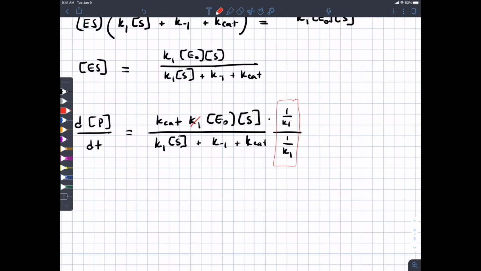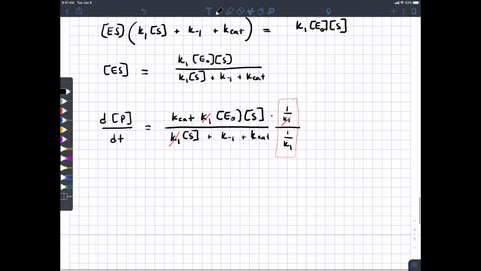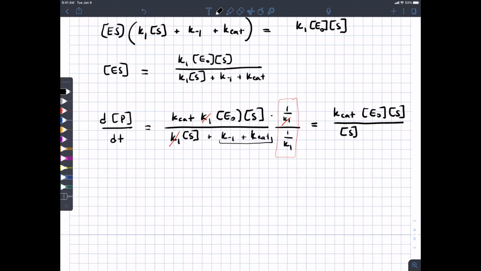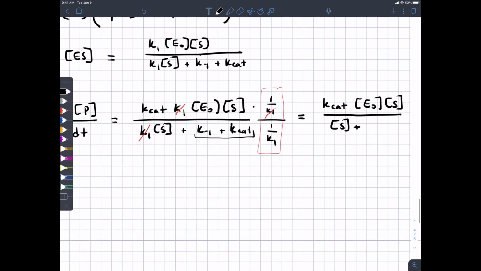We get rid of k1 in the numerator. We get rid of k1 here. But what's left over is we have to have these last two terms divided by k1. So in parentheses, I'm going to have k minus 1 plus kcat divided by k1.